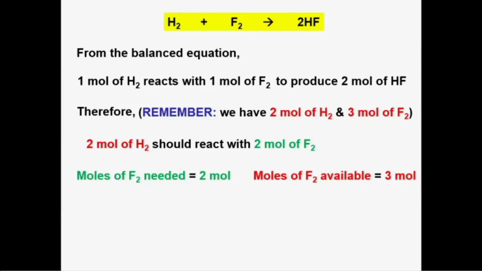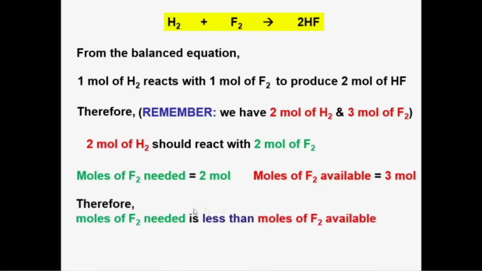If we compare the moles of fluorine needed and the moles of fluorine available, what can we say? The moles of fluorine needed in the reaction is less than the moles of fluorine available. The moles needed is 2 moles, but the moles available is 3 moles.